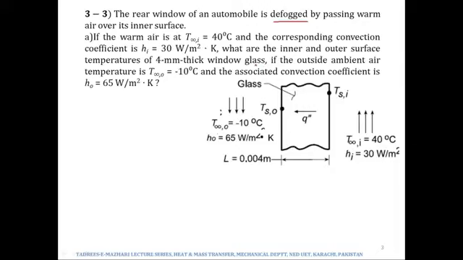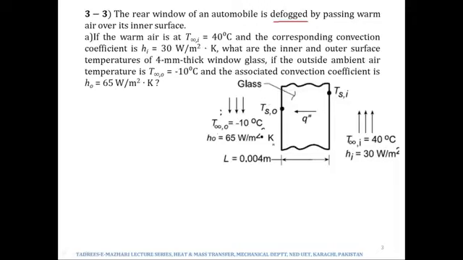So we have to find the temperature at the inner surface of the rear window and the temperature at the outer surface. If the outside ambient air is at -10 degrees Celsius and the convection coefficient between the outer surface of the glass and outer air is 65.